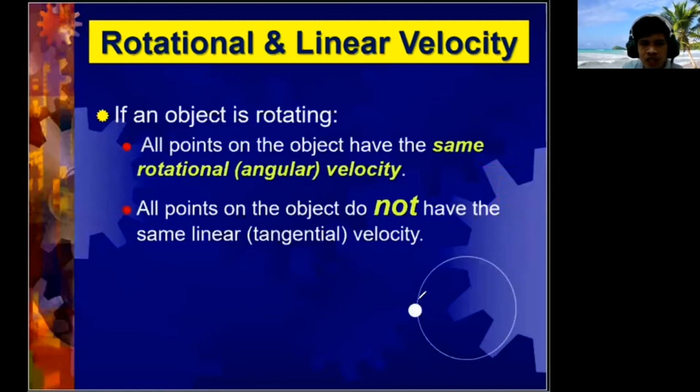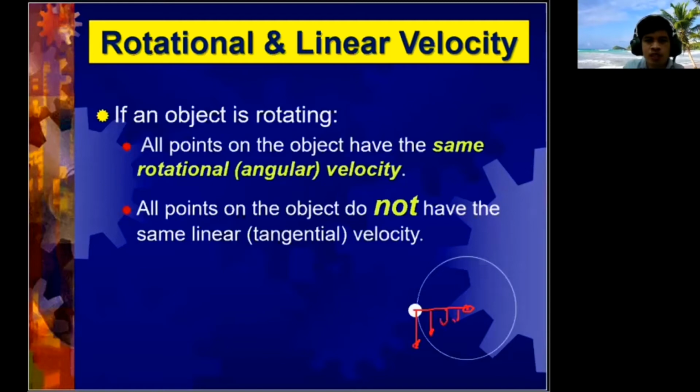Let's say this is a ball, and you are holding it here at the center. It means that all points on the object, from here, have rotational velocity. It also has rotational velocity at this point, and also at this point.